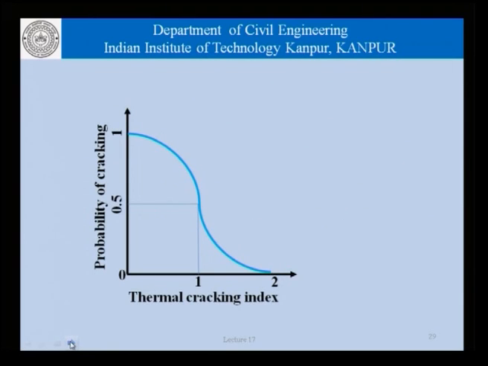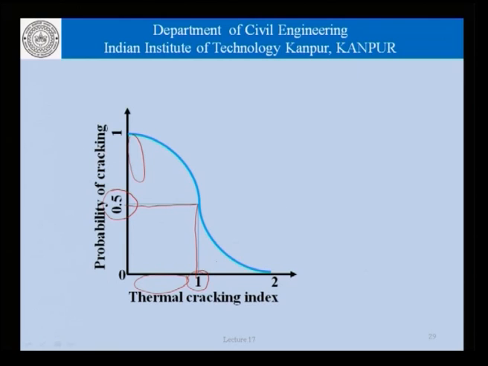So, if we look at it graphically, this is a schematic diagram showing the probability of cracking and the thermal cracking index. If we have a thermal cracking index of 1, that is, the tensile strength in concrete is the same as the maximum tensile stress, then the concrete is as likely to crack as is unlikely to crack. Of course, we do not know much about it, and therefore, this is taken as 0.5, whereas if the thermal cracking index becomes less than 1, it is more or less certain that the concrete will crack.